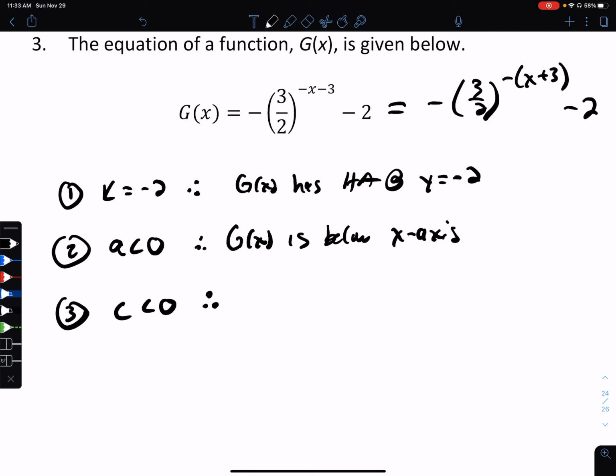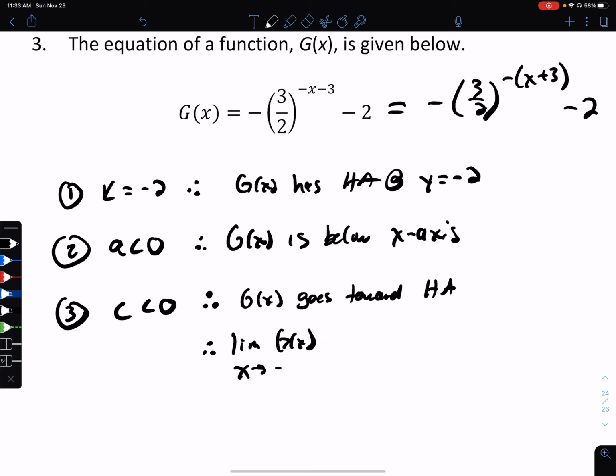Therefore, g of x goes toward the horizontal asymptote. That means that the limit of g of x as x goes to the right is going towards that horizontal asymptote of negative 2.